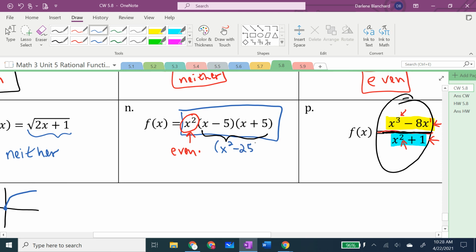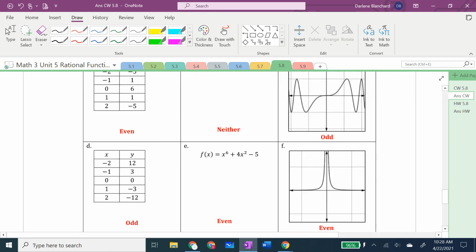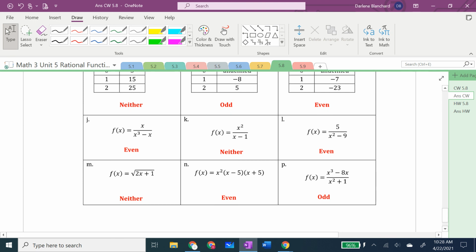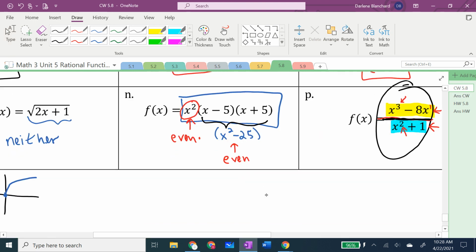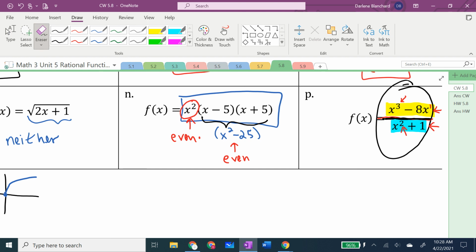Do you see that? You can notice that this is an even times an even polynomial. I want to point out to you that in the classwork, oh, did I show it in the classwork? No, I didn't show it in the classwork. That is the easiest way to recognize that this is even.